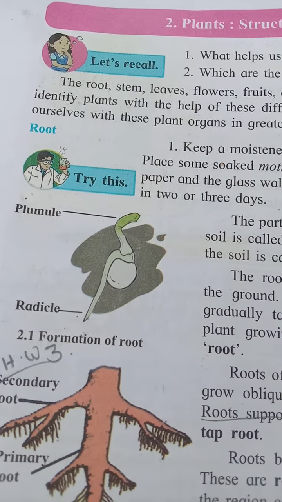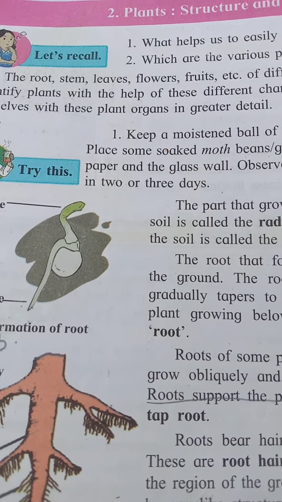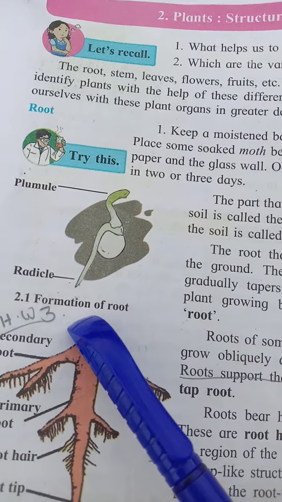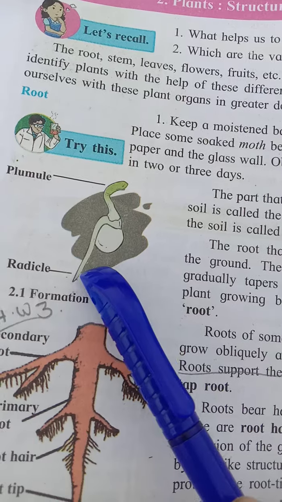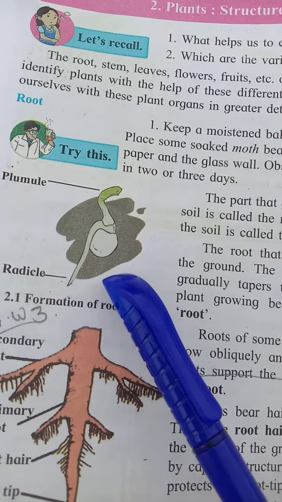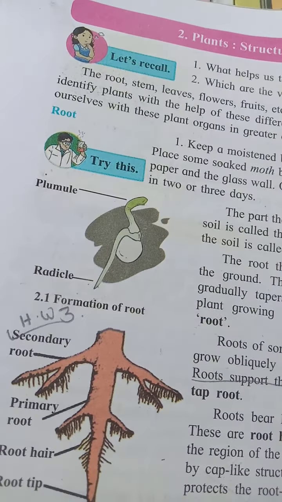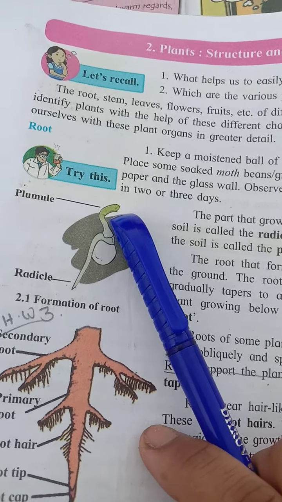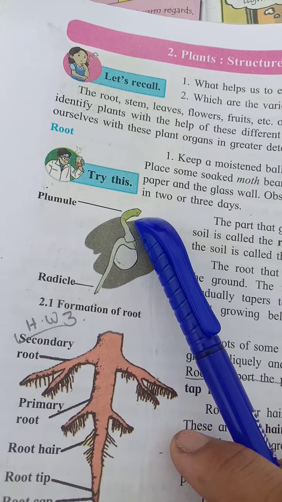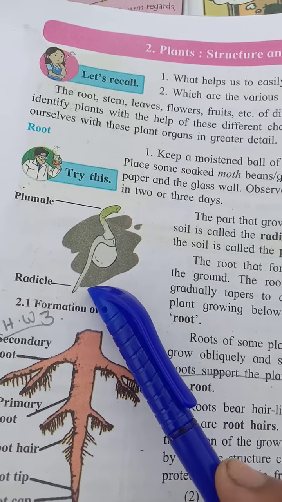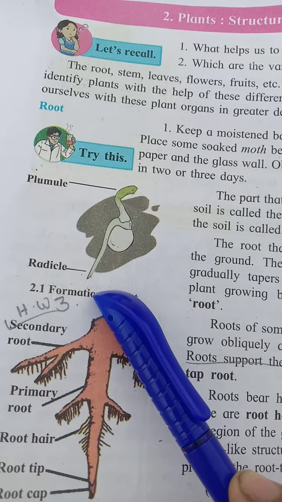The part that grows from inside the seed towards the soil is called the radicle. The part that grows above the soil is called the plumule. This is the plumule which grows upward above the soil, and this is the radicle which grows inside the soil.